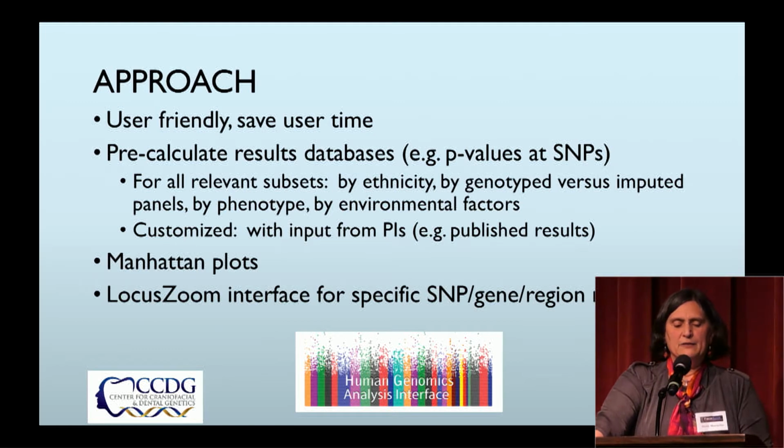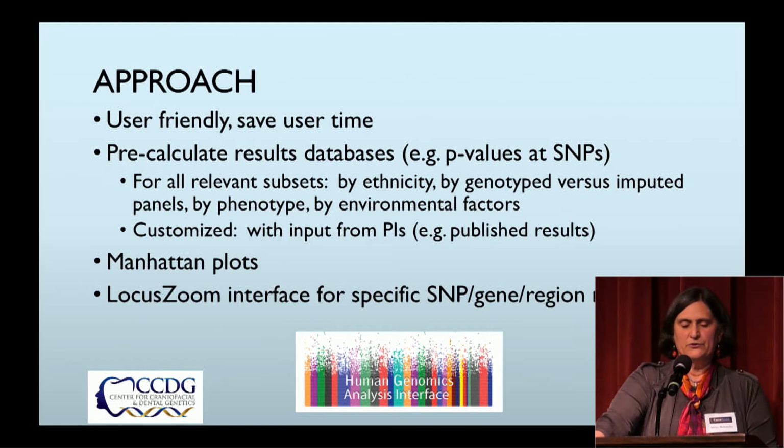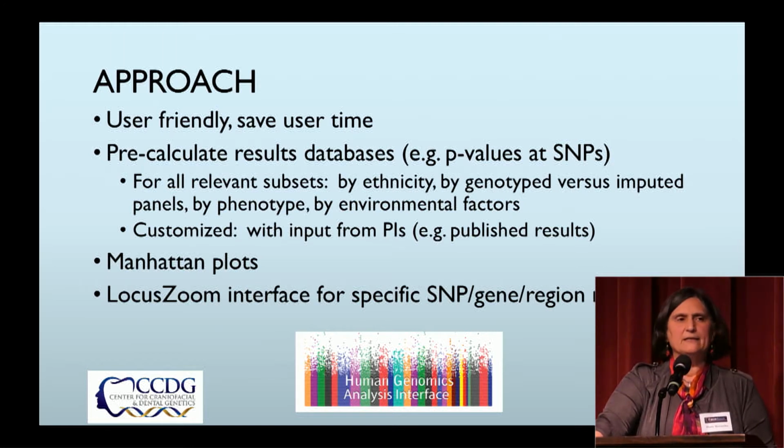Again, we wanted it to be user-friendly, to save user time. In order to do that, we decided to do pre-calculated results databases, basically p-values at variants, SNPs for the most part.